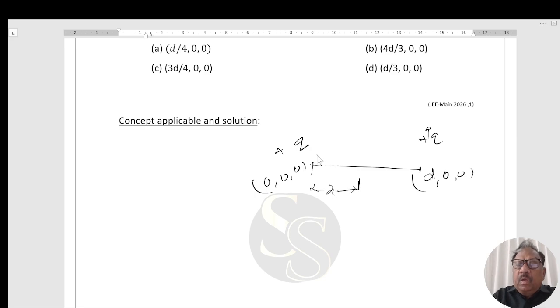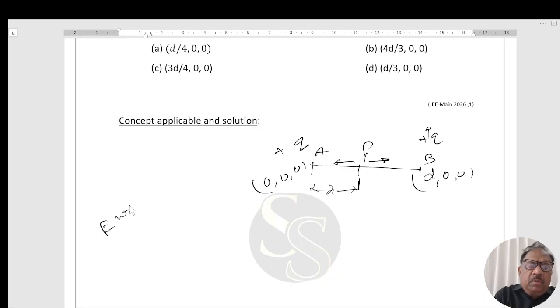A, B, P. P is the point where the electric field vanishes. Check whether it is correct or not. Electric field at this point due to this charge will be in this direction, away from positive, and away from positive. So possibility is there. Electric field will be 0 in between.